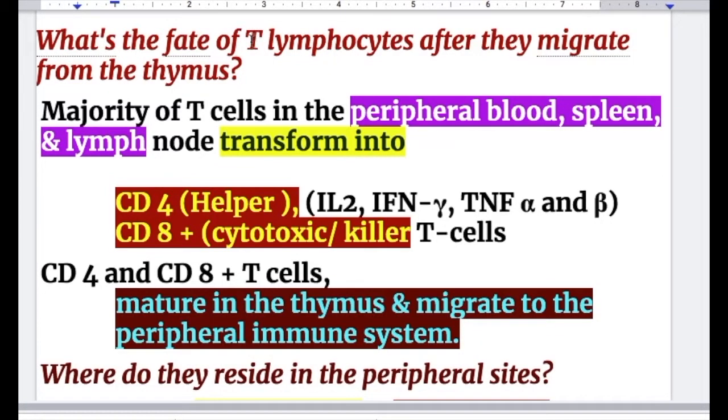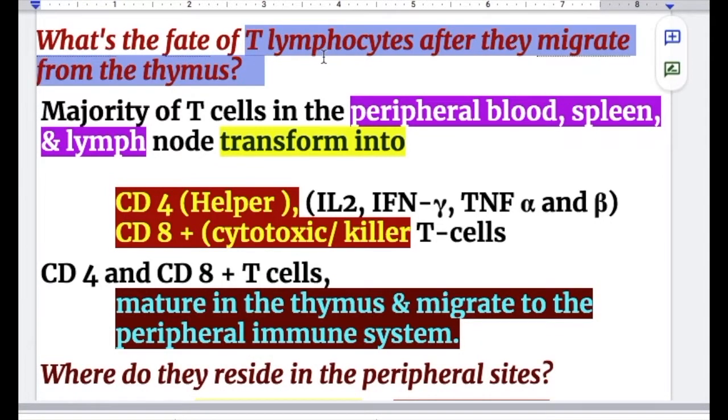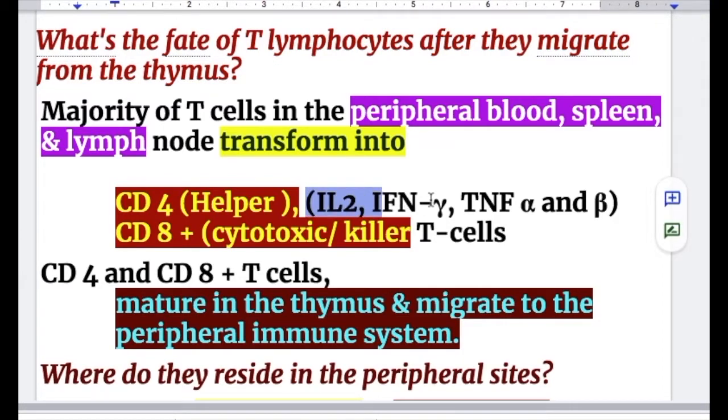Now what's the fate of T lymphocytes after they migrate from the thymus? The majority of the T lymphocytes in the peripheral blood, spleen and lymph node transform into CD4 or the helper cell, which produce interleukin 2, interferon gamma, TNF alpha and beta, and number 2, CD8 plus cells or cytotoxic or killer T cells.